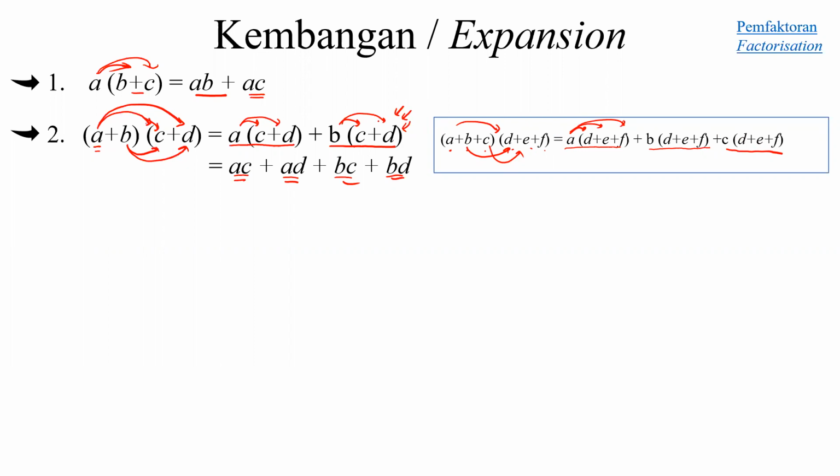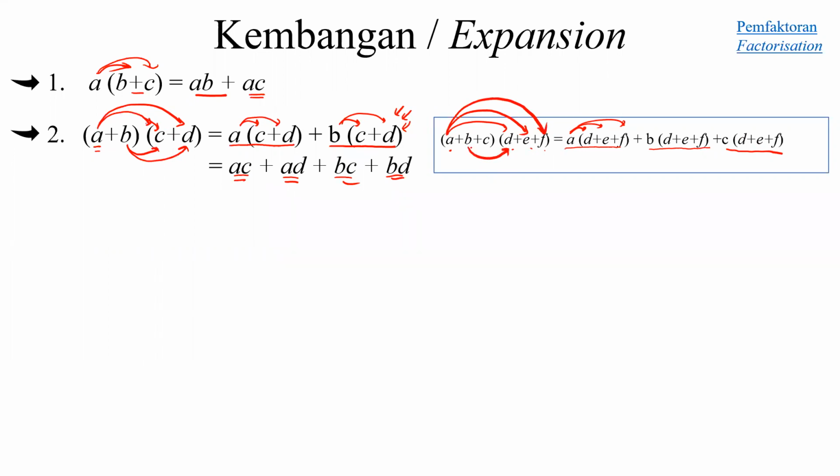Now, maybe you ask, can I use the arrows for three terms? Can also, but it looks a bit complicated, okay? You see, first term with the first term, first term with the second term, first term with the third term, no issue, still quite tidy.